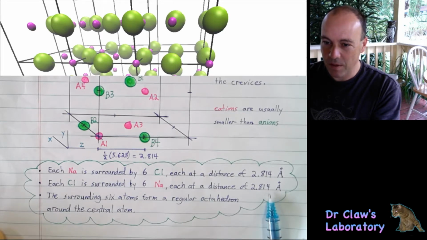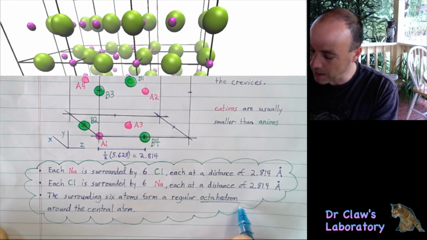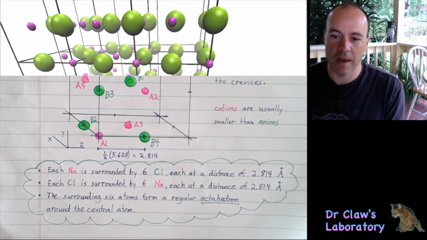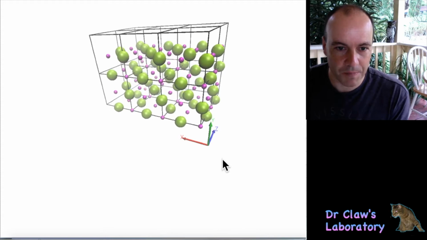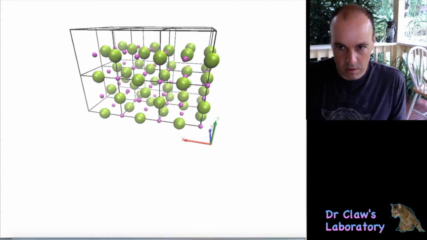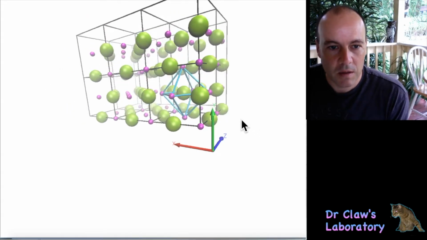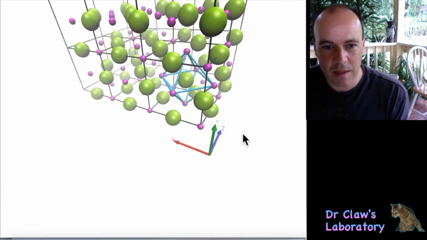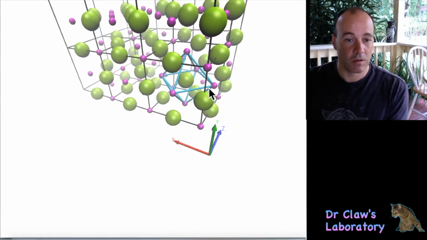Now, those 6 neighbors form an octahedron around the central particle. So let's take a closer look at that. If you focus in on this chloride right here, you see the surrounding 6 neighbors form an octahedron around it, an 8-sided regular polyhedron where the sides are equilateral triangles.